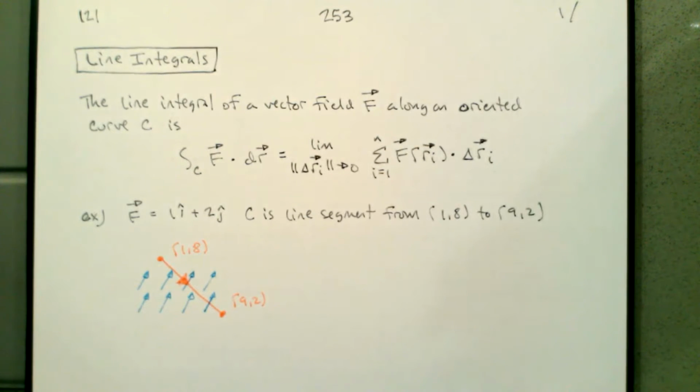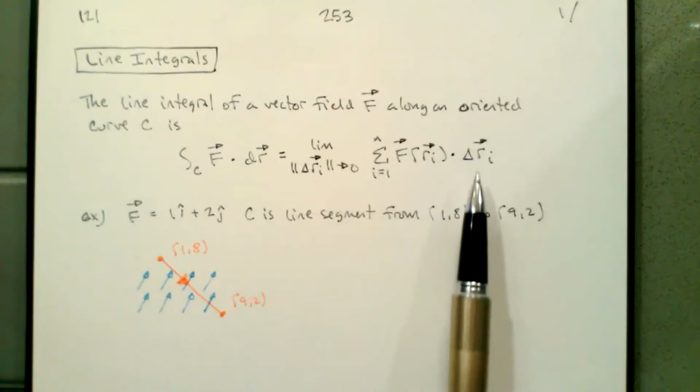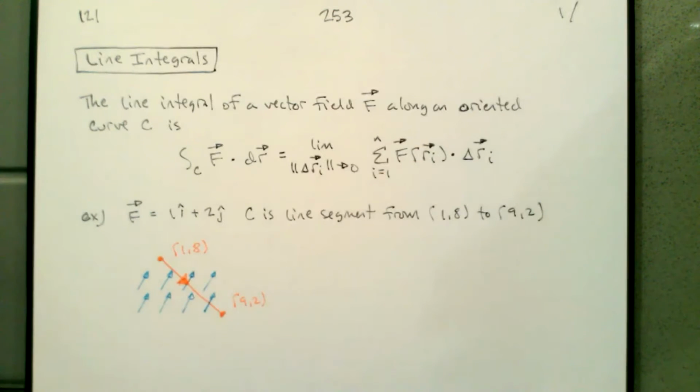So if the inputs don't change that much, then the value of the function won't change that much. So we can assume them to be constants. And then if we want a better approximation of what's going on, then we just make the dx smaller.